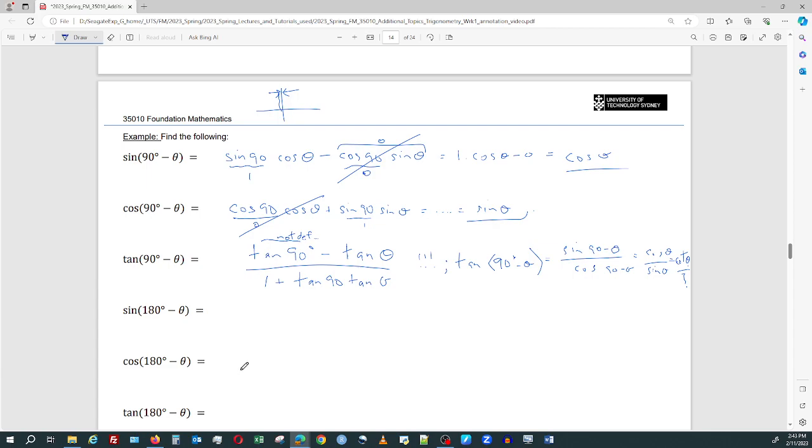Alright, so we can go on and continually do a similar thing. So we'll have sine 180, sine pi, cos pi.